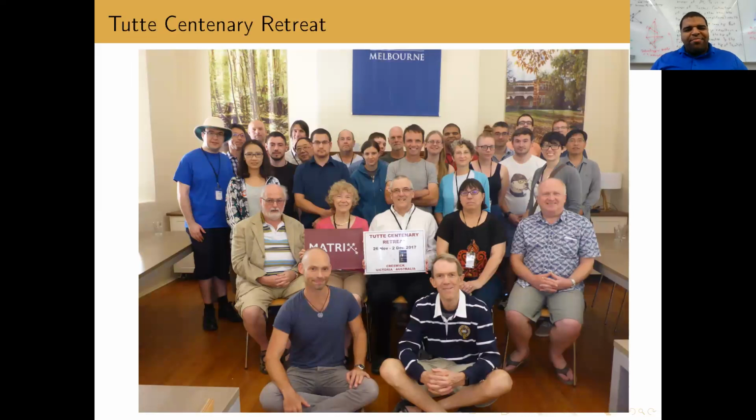This was a few years ago now, but this was a workshop celebrating the 100th anniversary of the birth of Bill Tutte. Several of us got together near Melbourne, Australia, to work on some problems in areas that were of interest to Tutte, and one of those was structural matroid theory. A lot of these results came out of this Tutte Centenary Retreat back in 2017.